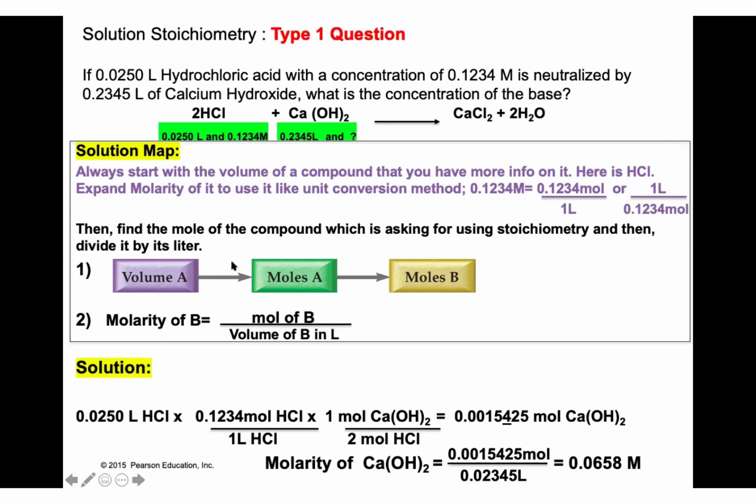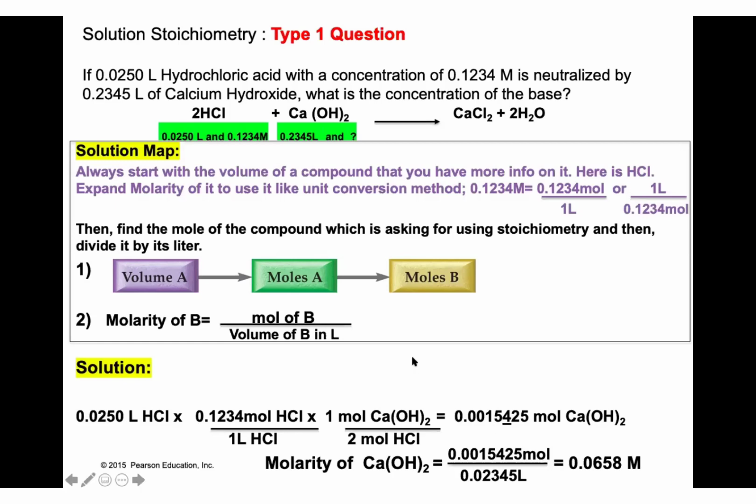Then in the second step, I will find the molarity, the concentration of the Ca(OH)2, by dividing the moles of it that I got from here by the volume of it. Do I have a volume of Ca(OH)2? Yes, I have a volume of it. So I divide by the volume and I get the molarity of Ca(OH)2.